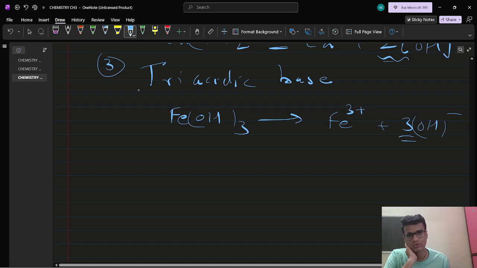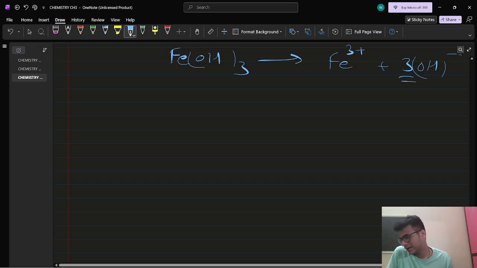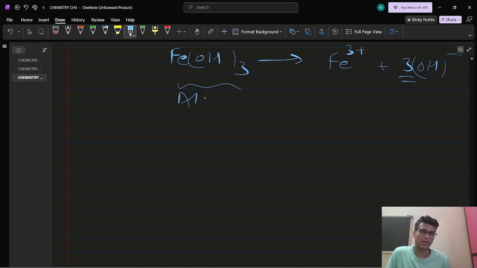This is 2. That's why this is tri, that was di, that is mono. सिंपल कॉन्सेप्ट, इसमें कुछ difficulty नहीं है. Examples याद रखो. Ferric है और इसमें aluminium भी है basically. All the trivalent metals के hydroxide, so all of them have triacidic bases.